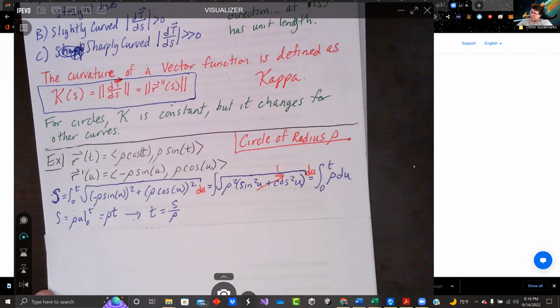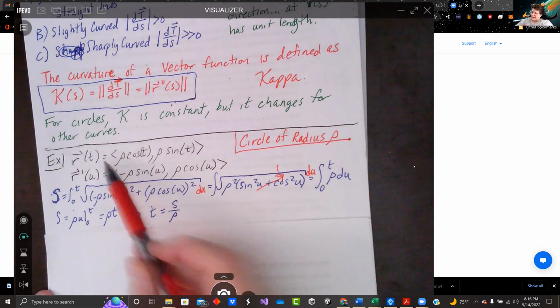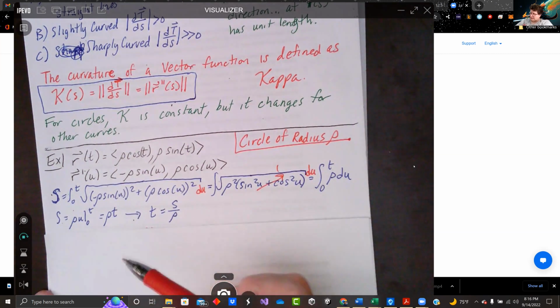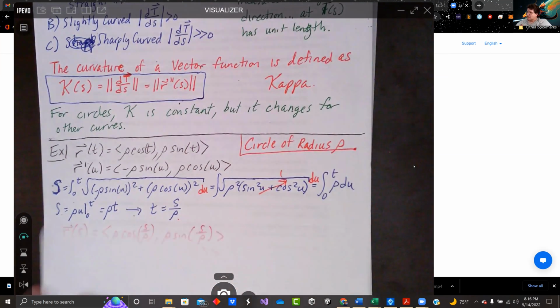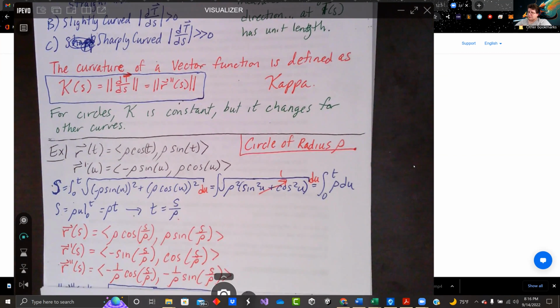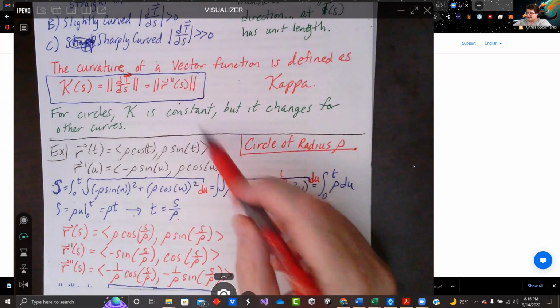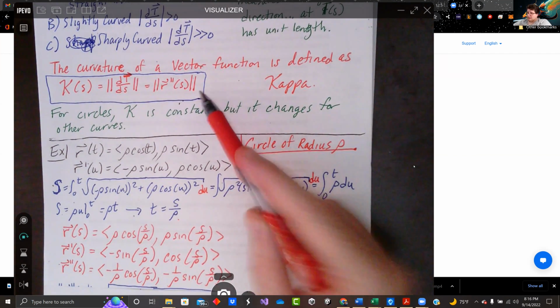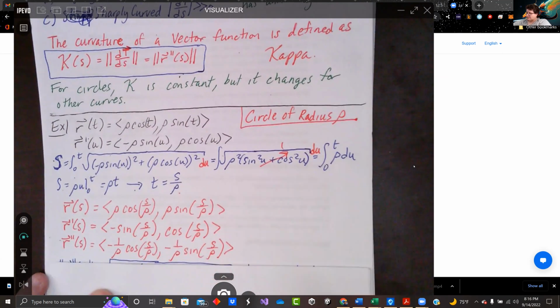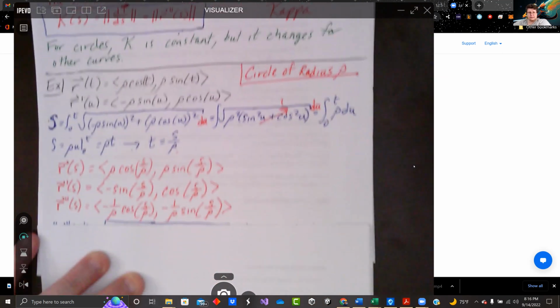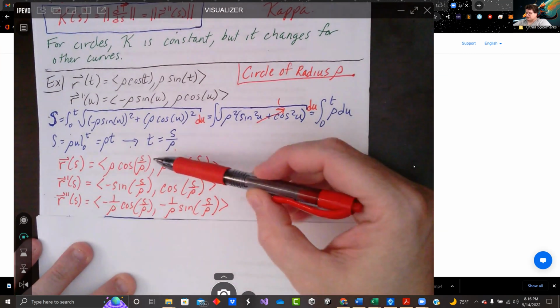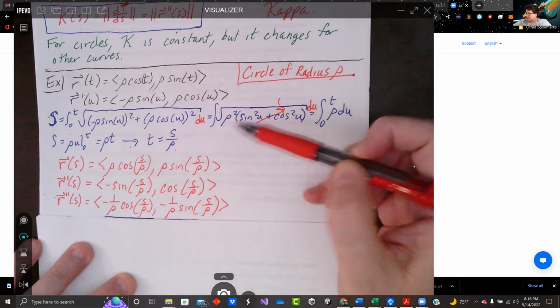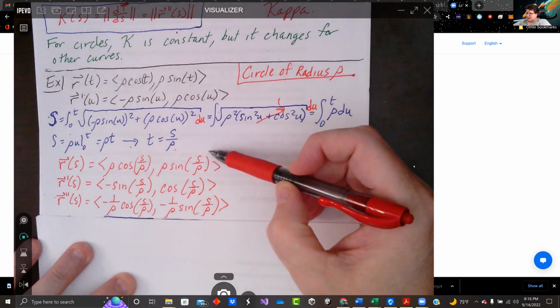Now we are going to change r of t to r of s by making the substitution. We're going to take the first couple of derivatives because that's what we need. We need the magnitude of r prime, so we do that here. I make the substitution first. We've got rho cosine of s over rho and rho sine of s over rho.